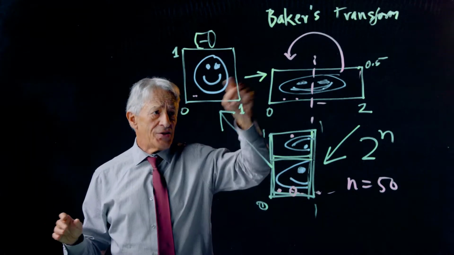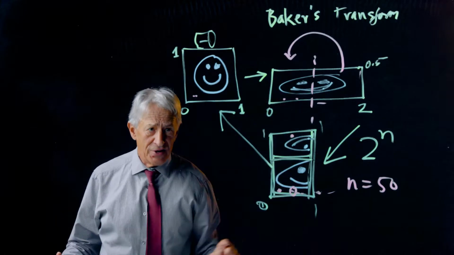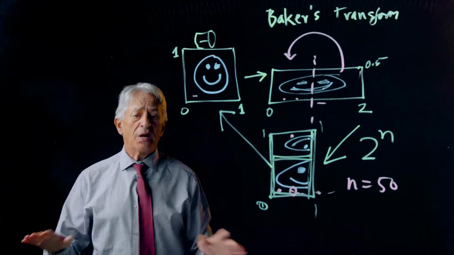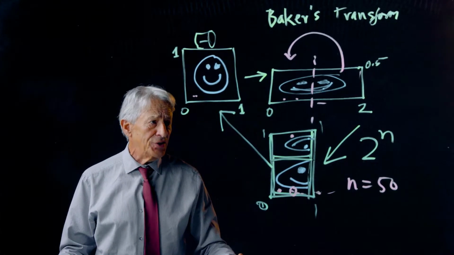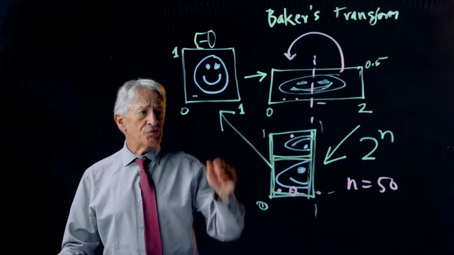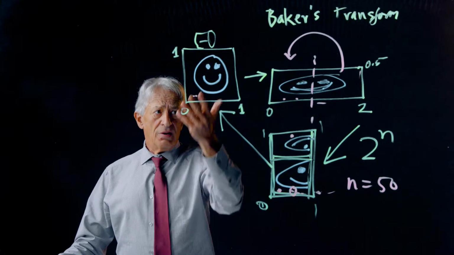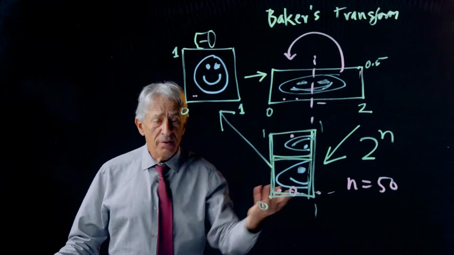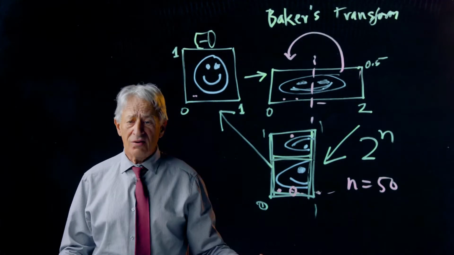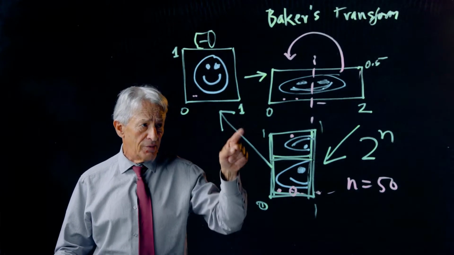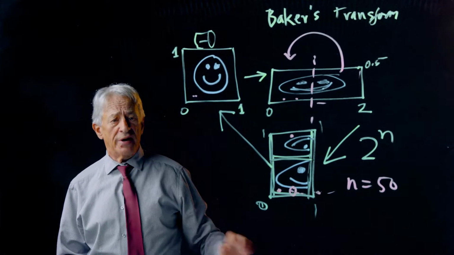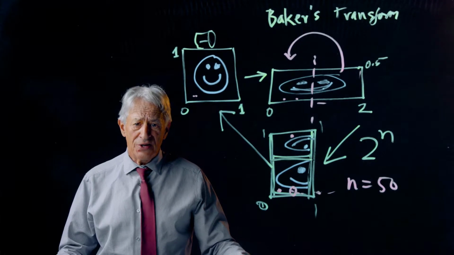But as this process is iterated, those 2 are going to become completely independent of each other. And so stretching, folding, and reinsertion is a mechanism for producing chaos and explicitly for generating sensitive dependence on initial conditions.